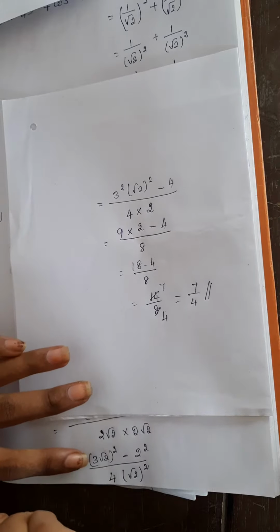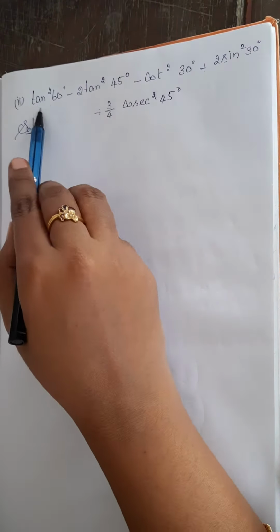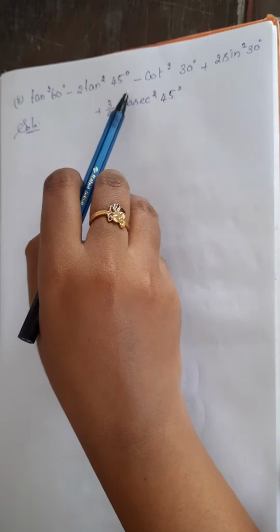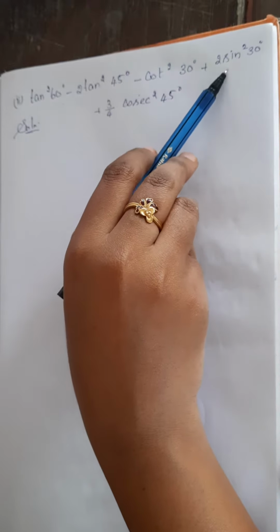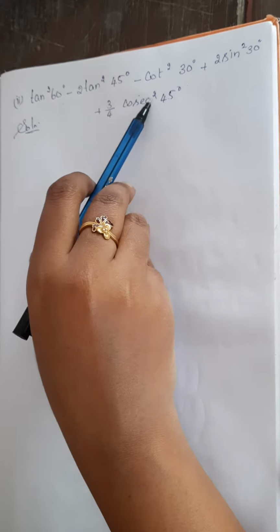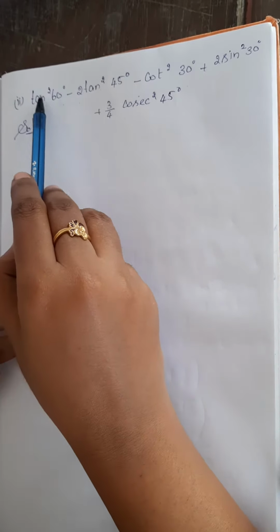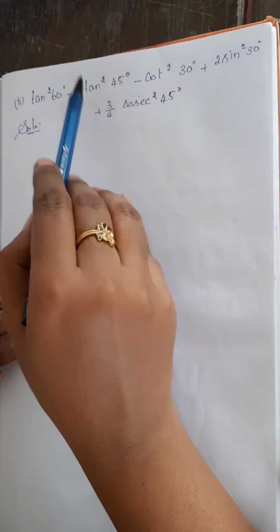Write down. Same example, second part is tan square 60 degree minus 2 tan square 45 degree minus cot square 30 degree plus 2 sin square 30 degree plus 3 by 4 cosecant square 45 degree. Already I told you this tan square 60 degree is equal to tan 60 degree the whole square.